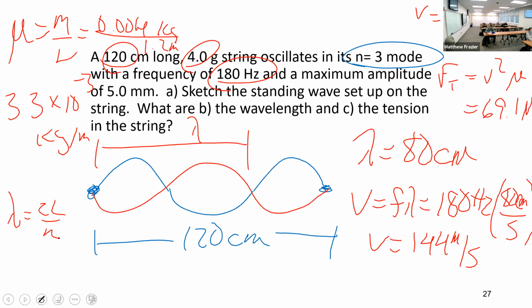So we knew it was 80 centimeters, and we deduced the velocity from frequency and wavelength. Then we deduced the properties of the string to get to the tension. We worked through it in a couple of different ways.